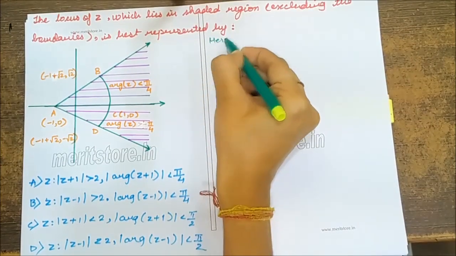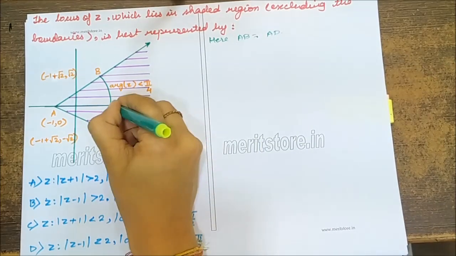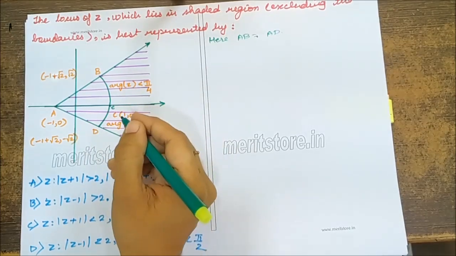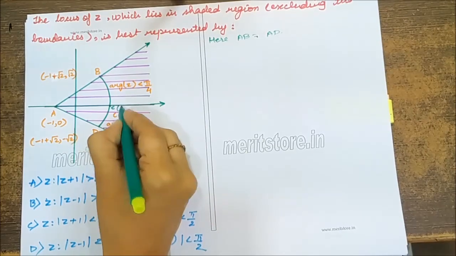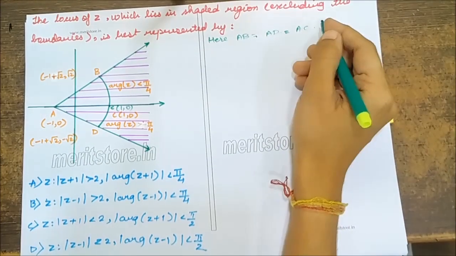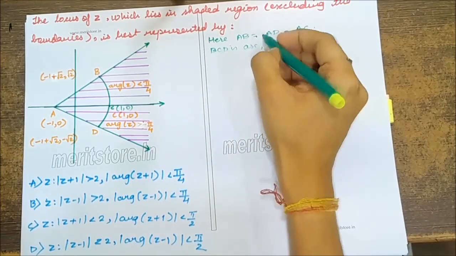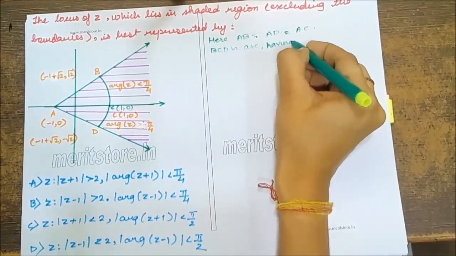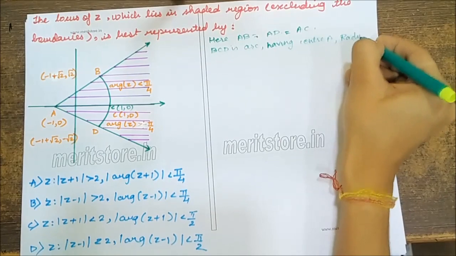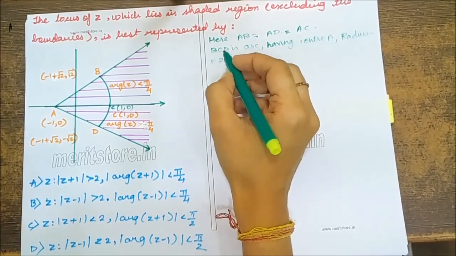Here AB is equal to AD and this point is C. Okay, and this point is 1, 0. So it's also equal to AC. All the points are same. Now BCD is an arc having center A and radius is, let's say, 2.